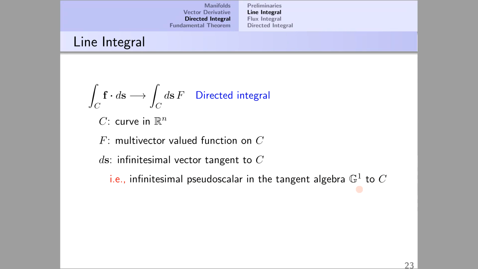In G1, the one vectors, that is to say vectors, are the pseudoscalars. So this infinitesimal vector can also be thought of as an infinitesimal pseudoscalar in the tangent algebra to C.